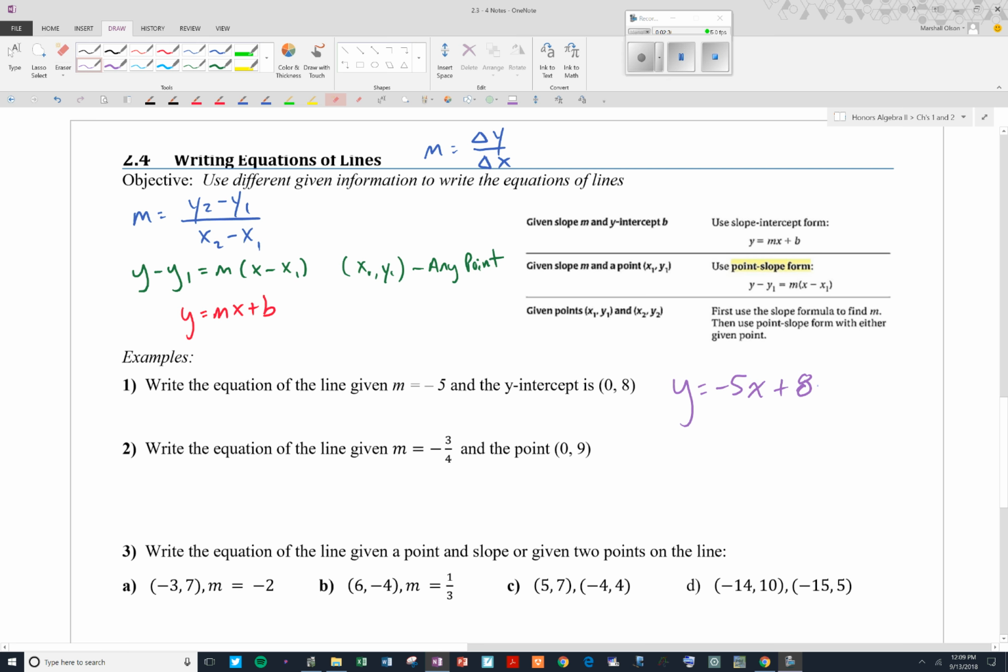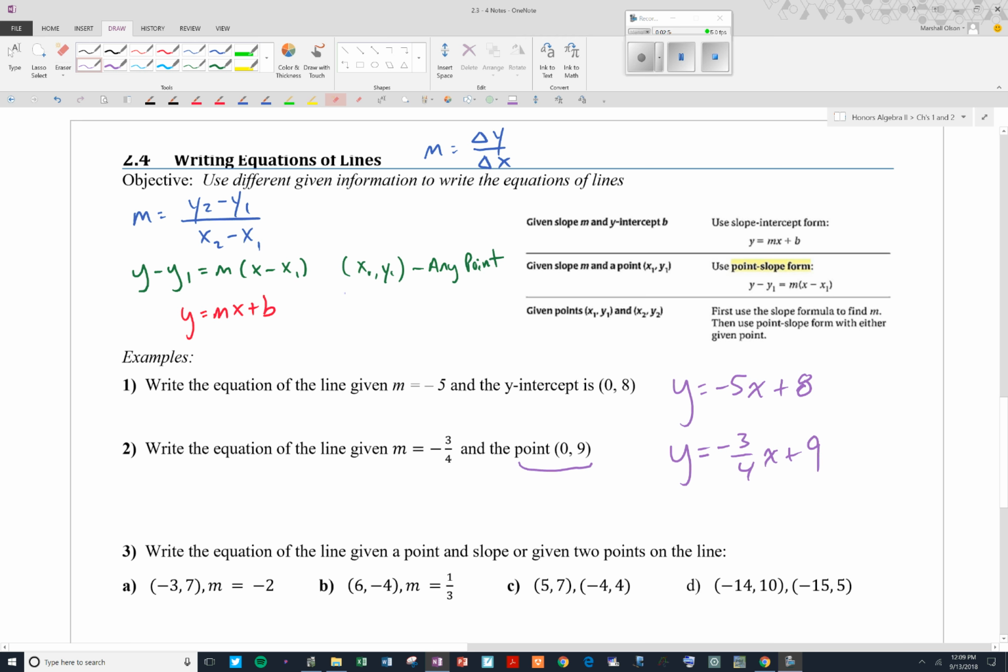And that's it. The second one says given the slope and the point (0, 9), well, this is up to you. Here we were nice and reminded you that's the y-intercept. You need to notice that any point that has an x value of 0 is a y-intercept. So we again have a pretty straightforward example here.